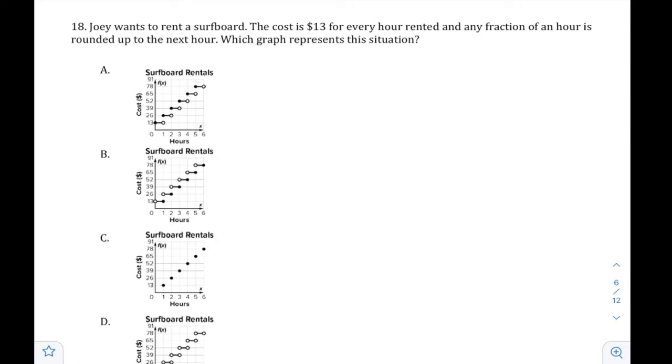That means for x more than 0 and less than 1 hour, 0.5, half an hour, 1/4 of an hour, 20 minutes, 30 minutes, 55 minutes, all will be paid as $13.